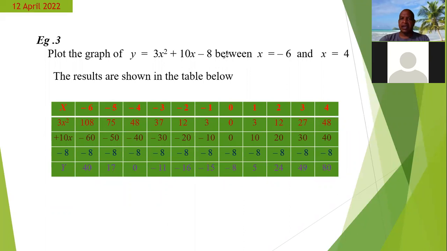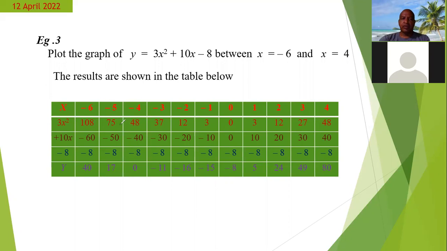So you're taking x values between x equal -6 up to x equal +4. So it means that you would have to include -6, -5, -4, -3, -2, -1, 0, 1, 2, 3, 4. All right, so that's how we put in our values for the x's.